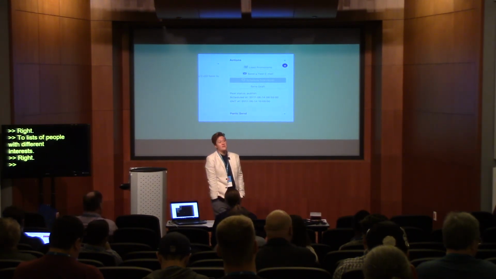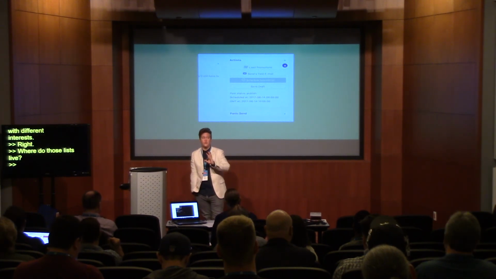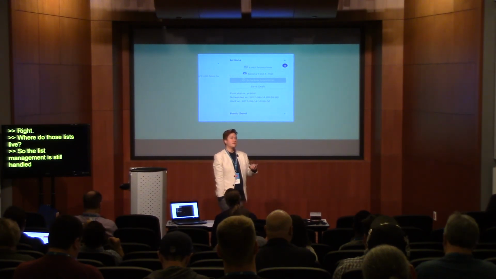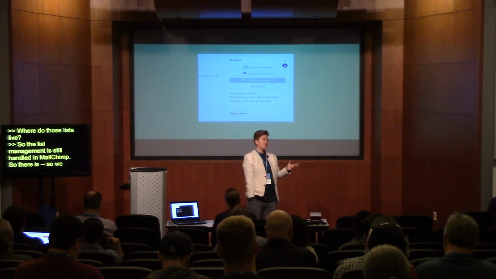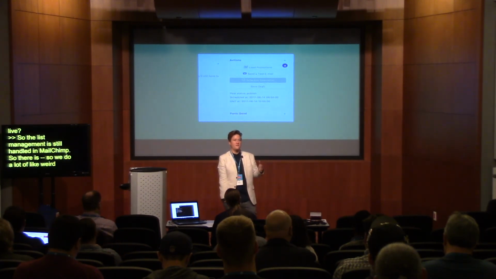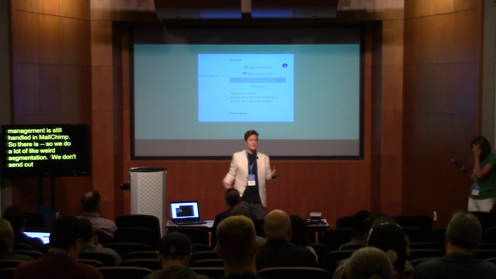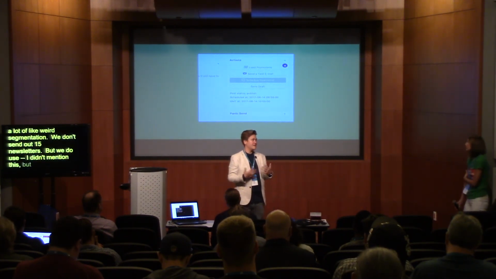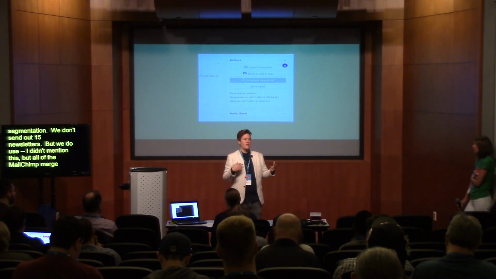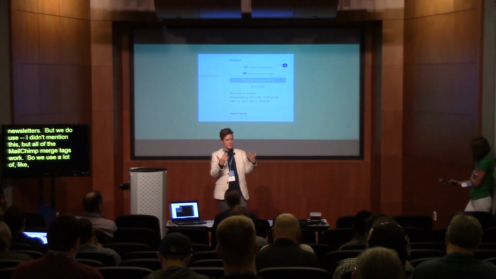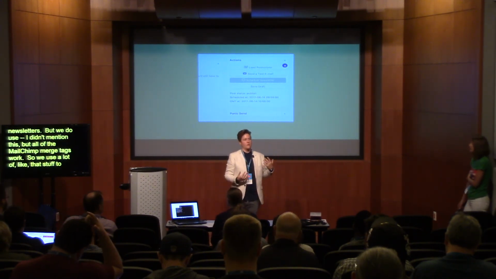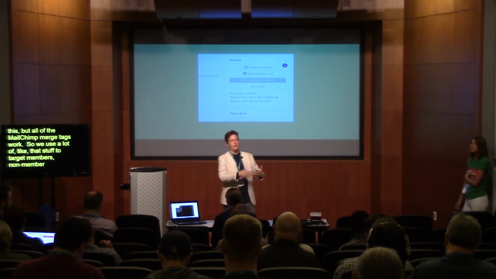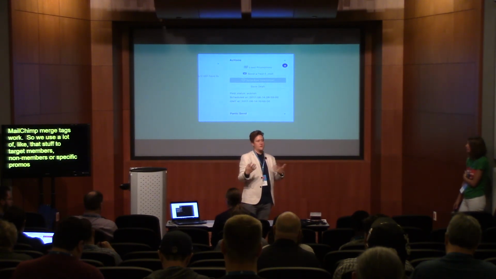Aha. So the list management is still handled in MailChimp. We do a lot of weird segmentation. We don't send out 15 newsletters, but all of the MailChimp merge tags work. So we use a lot of that to target members, non-members, or specific promos that go to specific people and not to others.